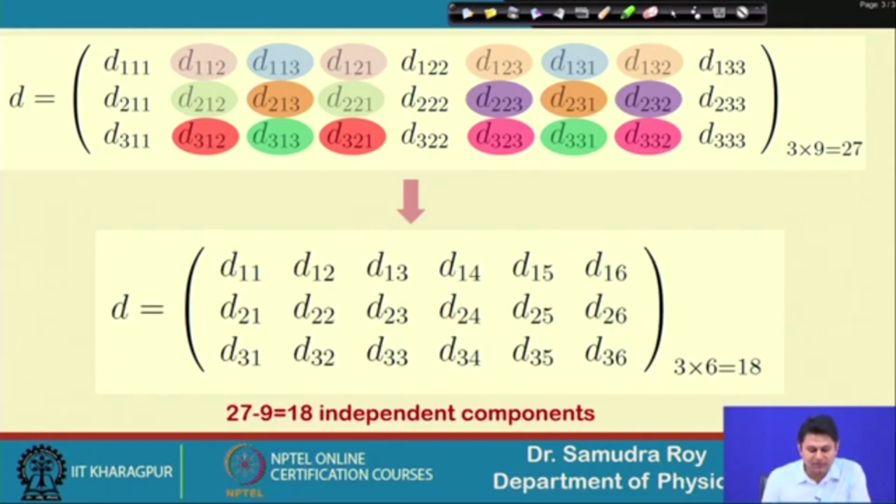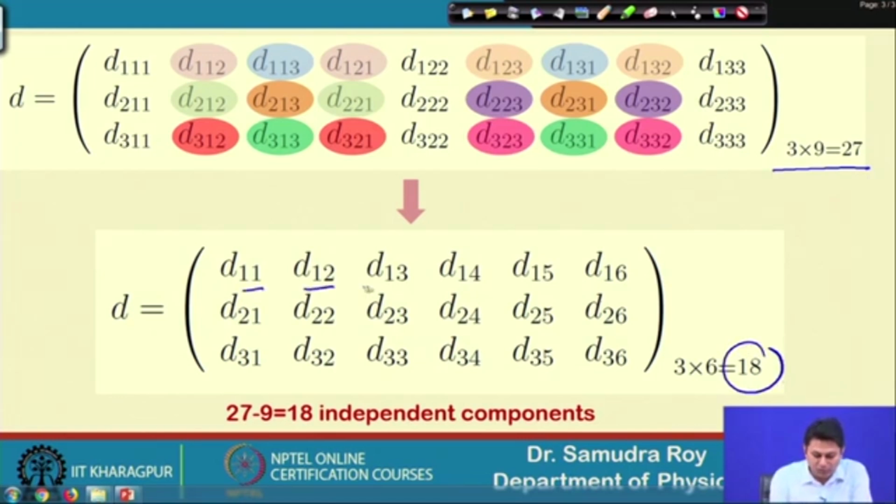This is the compact form of the D matrix. Now you can see here we had 27 components and now we have reduced to 18 components. Now d_11, d_12, d_13 are changing.